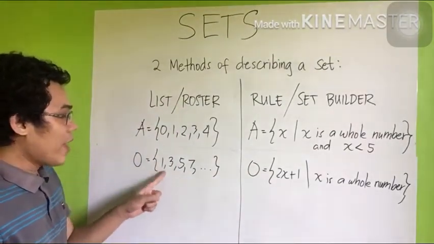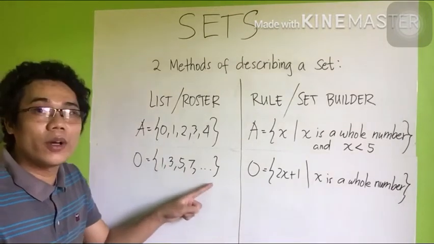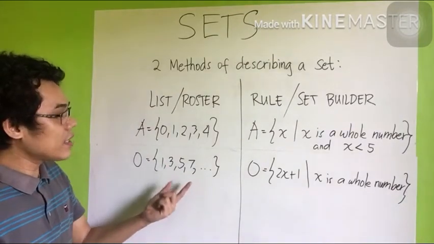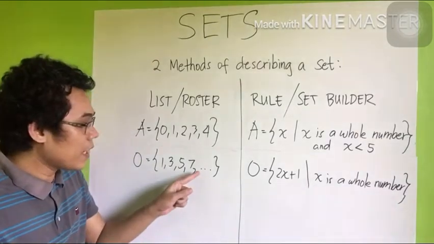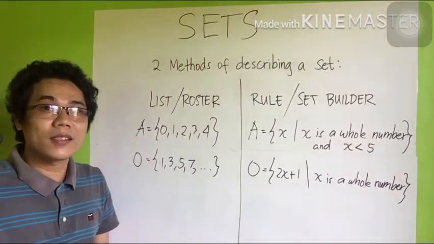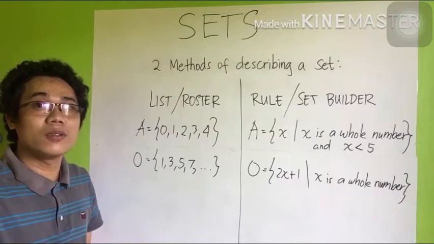So we have 1, 3, 5, 7, and so on and so forth. So pag listing, pag masyadong malaki na siya, maglagay lang tayo ng 3 dots, which emphasizes na, and so on and so forth. Just continue the pattern.